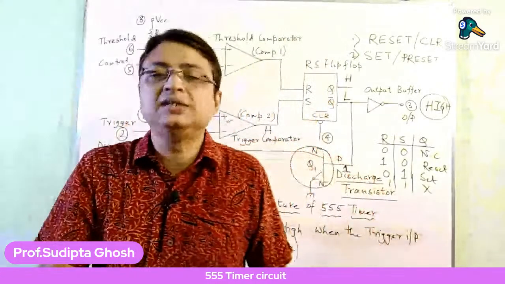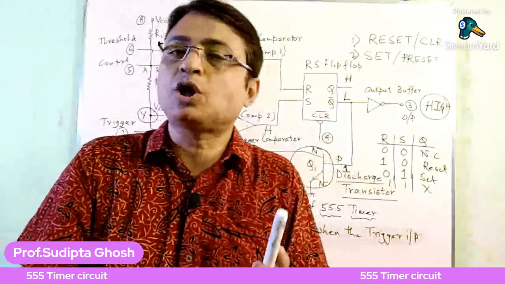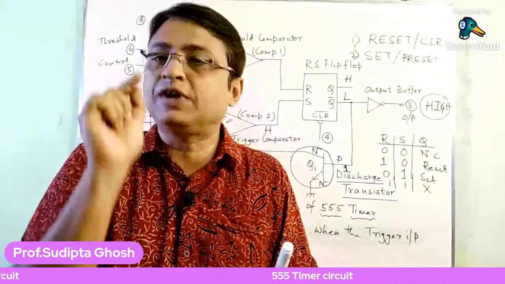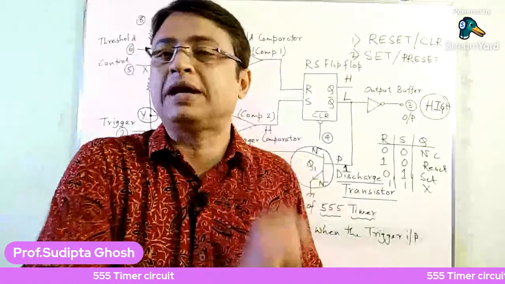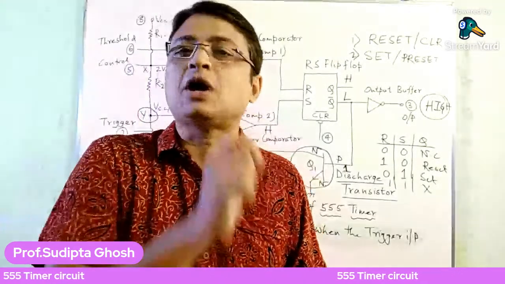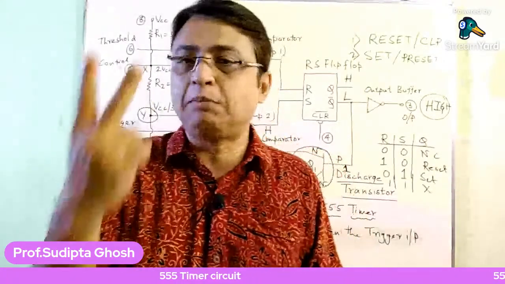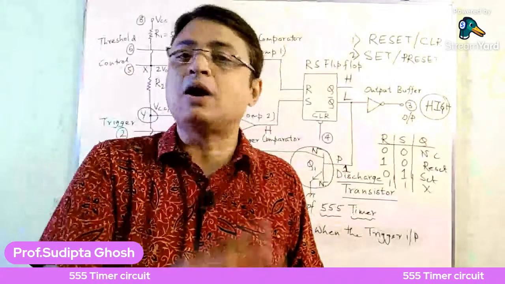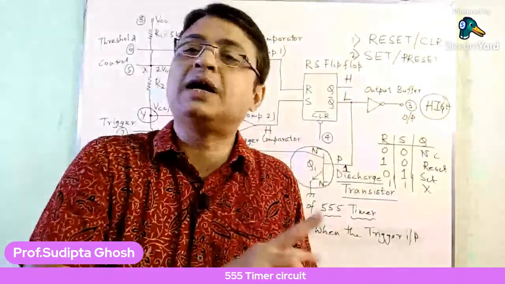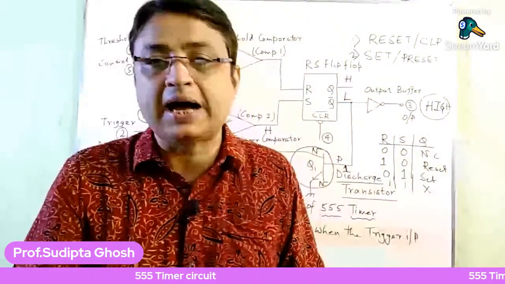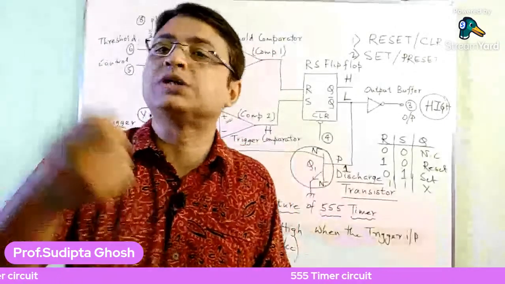Number one, if the threshold comparator goes high, the output of the 555 timer is low. And number two, if the trigger comparator goes high, the output of the 555 timer goes high.